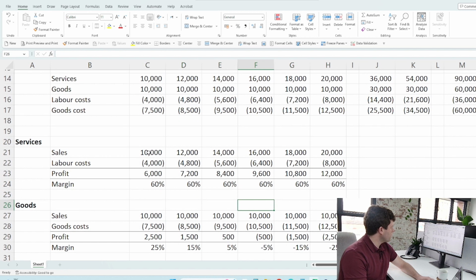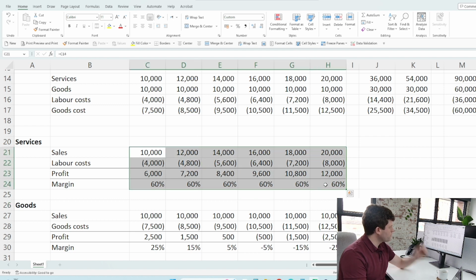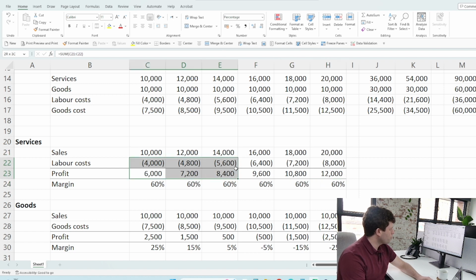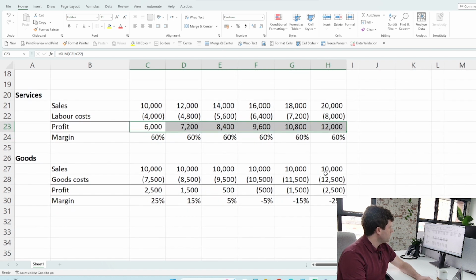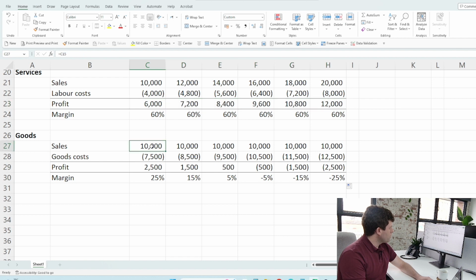Now we can see that in this business, we've got services where the gross margin is remaining stable at 60%, and so the profit is going up. But then with goods, the sales is remaining constant, but the cost is going up.